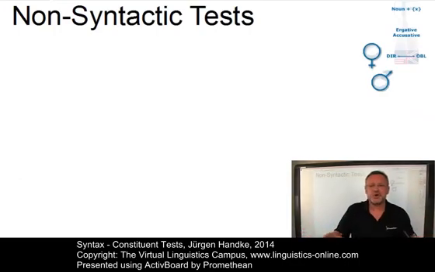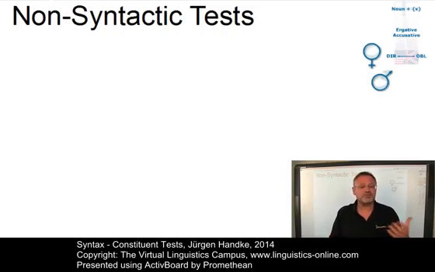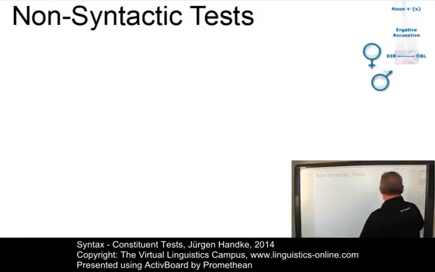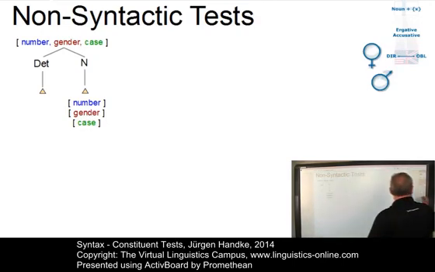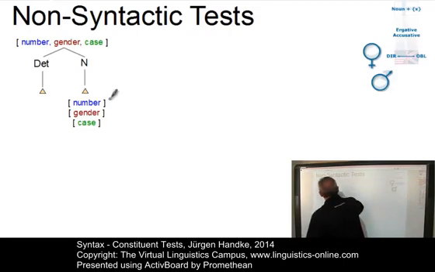In many languages, morphological considerations provide support in favor of constituents. The assumption is simple. Particular morphological features such as number, gender, or case are not exclusively properties of words, but of phrases.